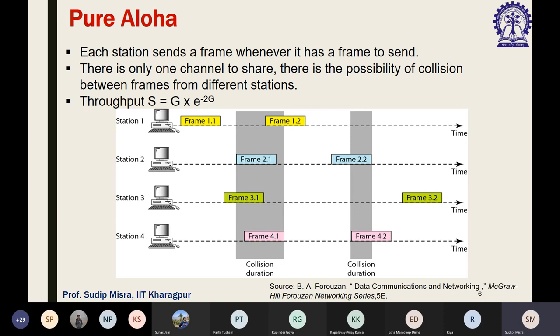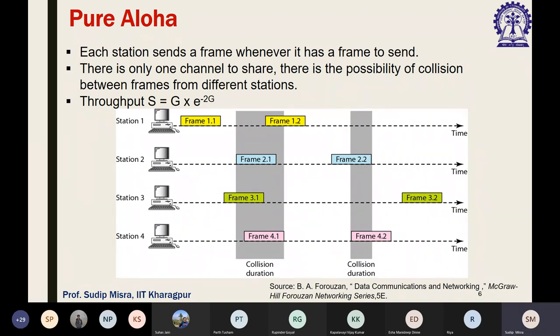So how is this back-off time chosen? There are different ways in which the back-off time could be chosen. One of the most common ways is the algorithm called binary exponential backoff, BEB for short.